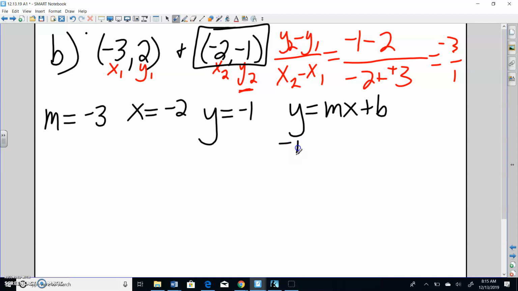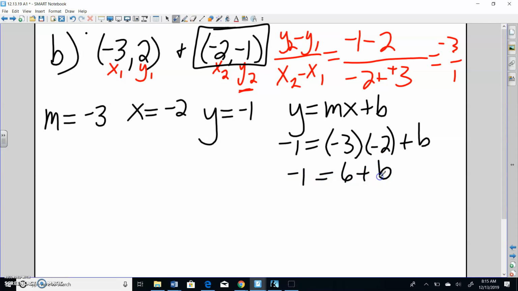So that gives me -1 equals -3 times -2 plus b. And we simplify, -3 times a -2 is 6. And we get rid of that 6 because we want to solve for b.